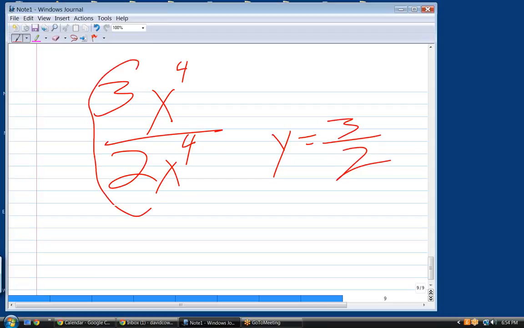The ratio of the coefficients, as long as these two have the same exponent, and they're the highest term of that polynomial. Again, it doesn't matter what else is following this. I could follow that with a million x to the cube, wouldn't matter.